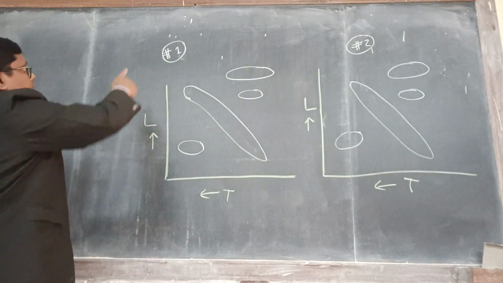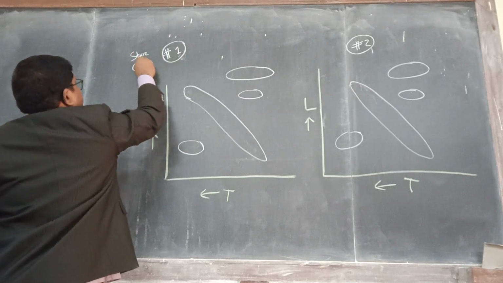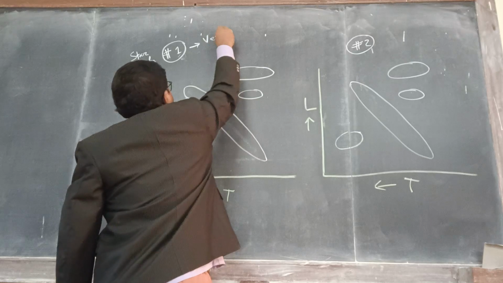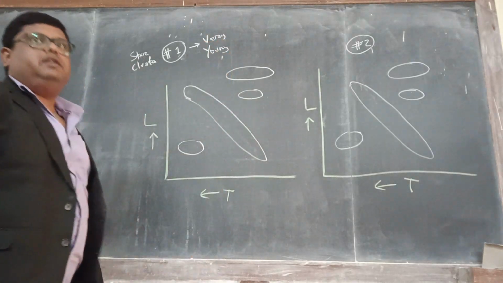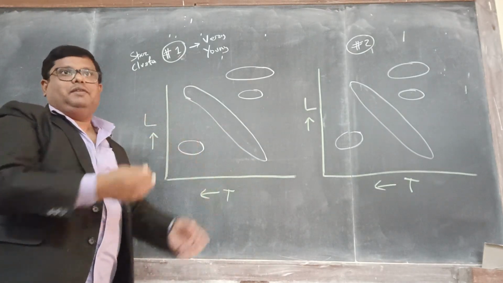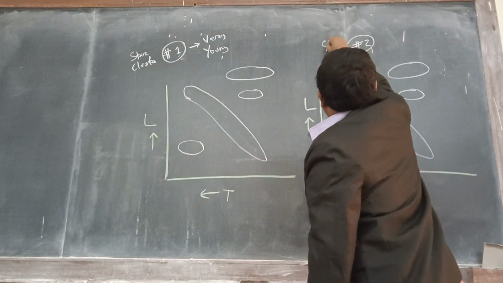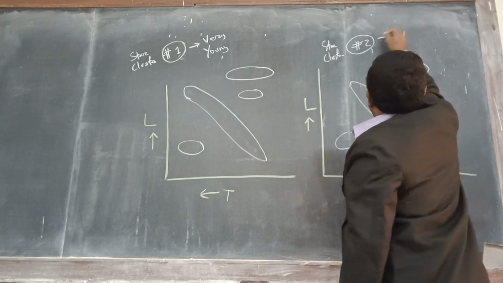So suppose this star cluster is very young. This is quite newly born in the astrophysical sense, not that we can see it being born like that, but in the astrophysical sense. And this star cluster is very old.